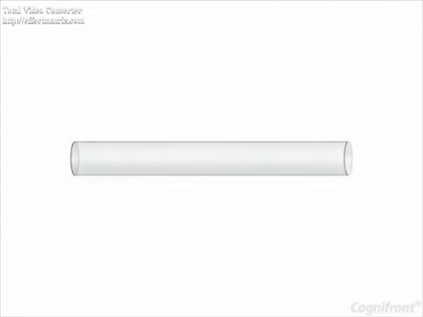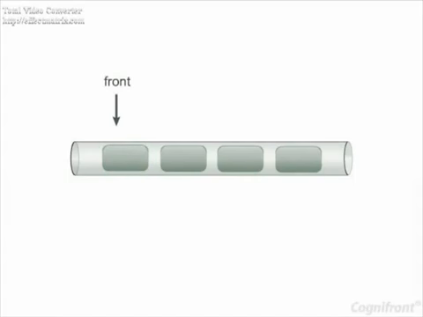A queue is a data structure in which data elements are added from one end and removed from the other end. The position of the first element of the queue is known as the front of the queue, and the position of the last element is known as the rear of the queue.